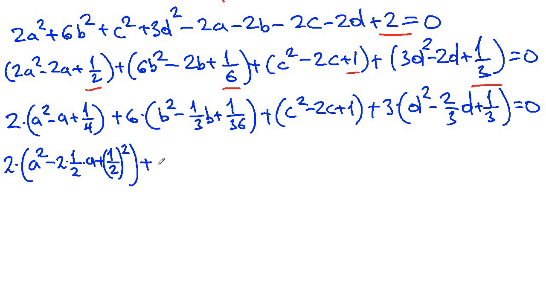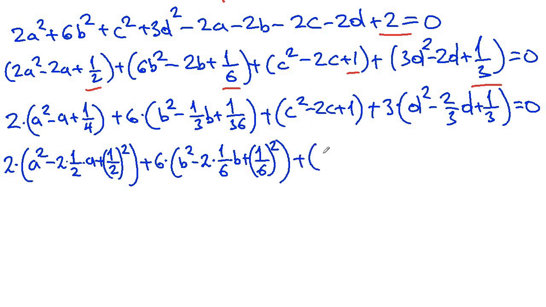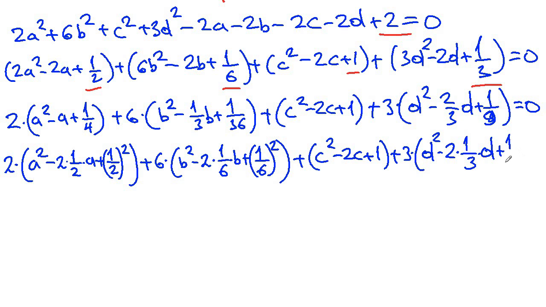In the same manner the second bracket is 6 times b squared minus 2 times 1 over 6 times b plus 1 over 6 to the power of 2, and plus the third bracket, which I write as it is, c squared minus 2c plus 1, and from the last one, 3 times d squared minus 2 times 1 over 3, sorry, 1 over 3 times d plus 1 over 3 to the power of 2, and this one is equal to 0.